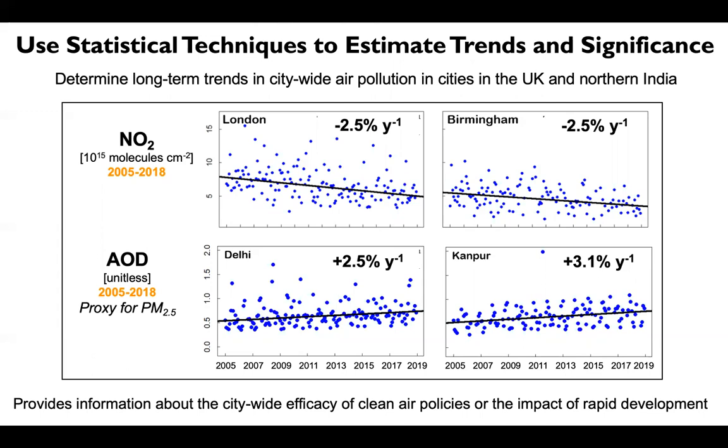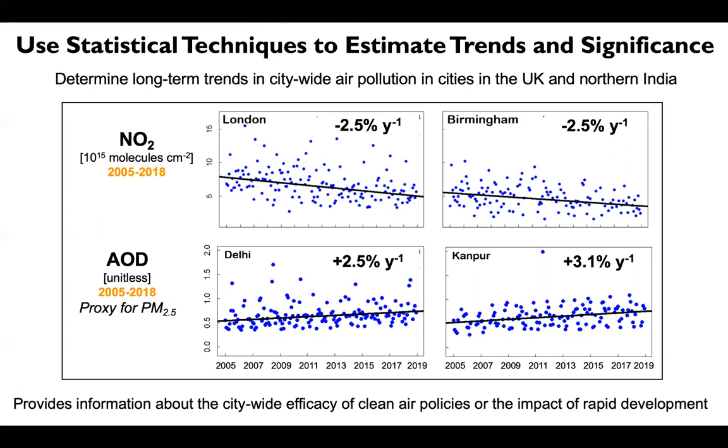And so you can see in this demonstration slide that we have a significant decline in NO2 in London and Birmingham of similar magnitude, demonstrating that air quality policies targeting NOx sources have been successful, whereas in Delhi and Kanpur, if we look at AOD, or aerosol optical depth, which provides us with a proxy measurement of PM2.5 or fine particles, there's a rapid degradation in air quality.